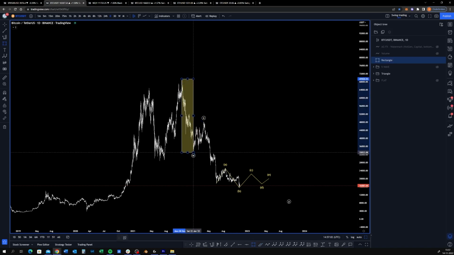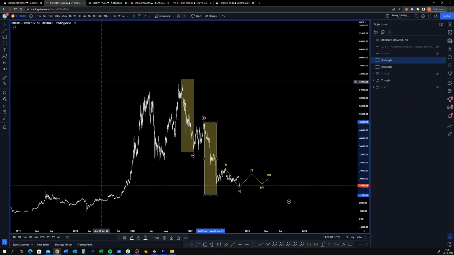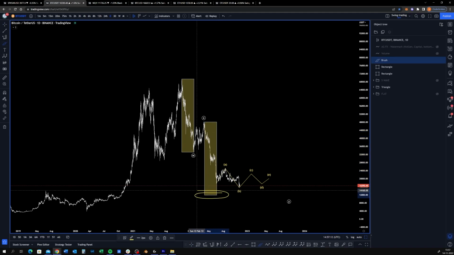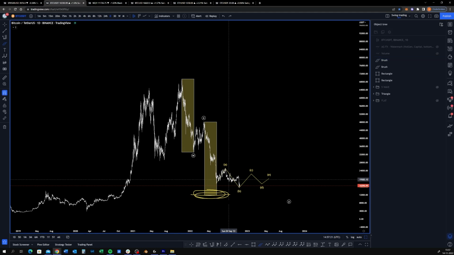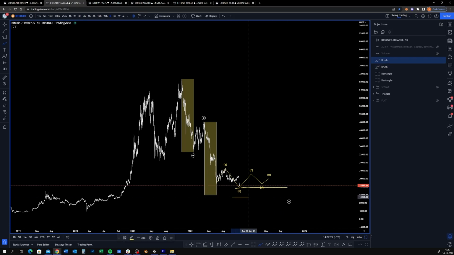If you take the wave W and you extend it from wave X, you see that we didn't even make it to an equal price. So usually you will see an equal extension or even more. Now we didn't even reach that. So there's plenty of room for that.